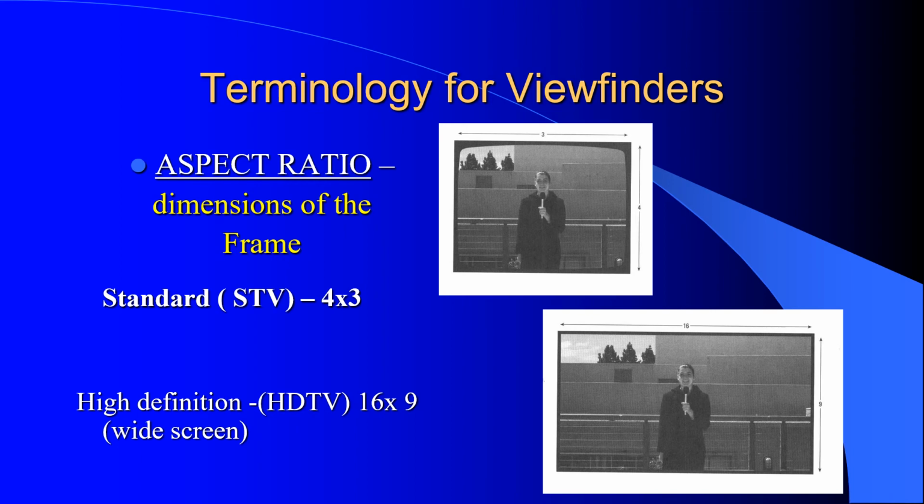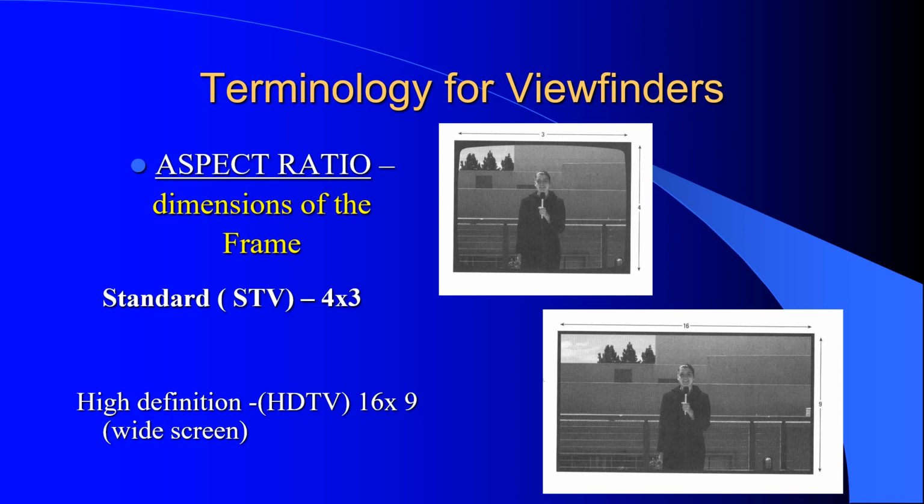But that's standard definition television. They started with that because it's kind of a carryover from film. Film originally was shot on 35 millimeter film, which is about this dimension. So when television became more prominent and film became part of the television programming, the aspect ratio fit perfectly into the television standard definition. But nowadays, pretty much all televisions are 16 by 9, simply because that is the standard for high definition.